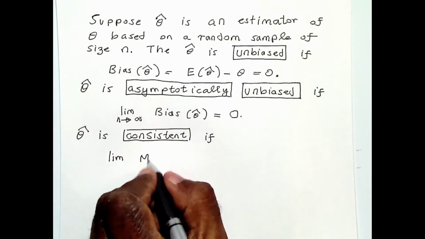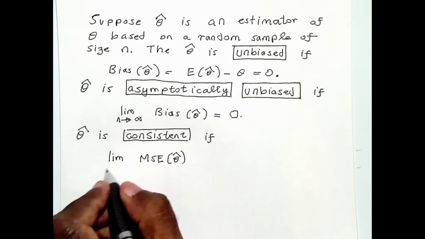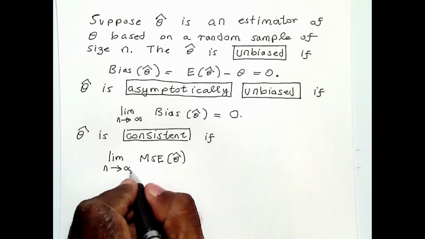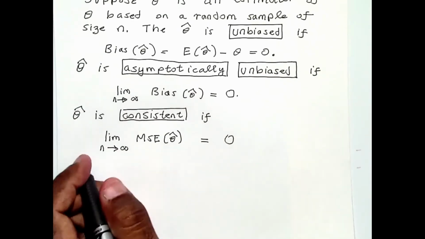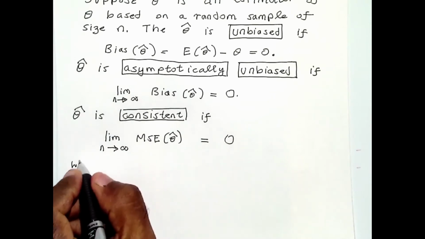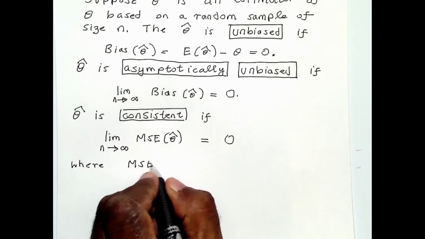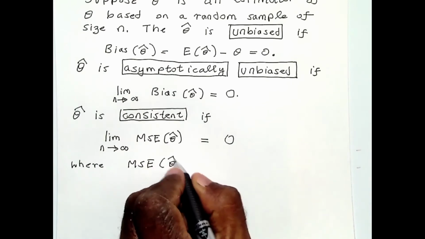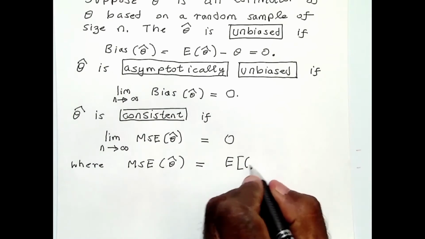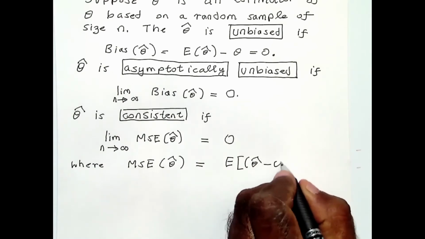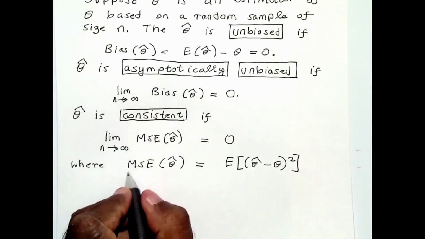The limit of the MSE, I will define what that is in a minute, as n approaches infinity is 0, where MSE is defined as the expectation of theta hat minus theta, squared.